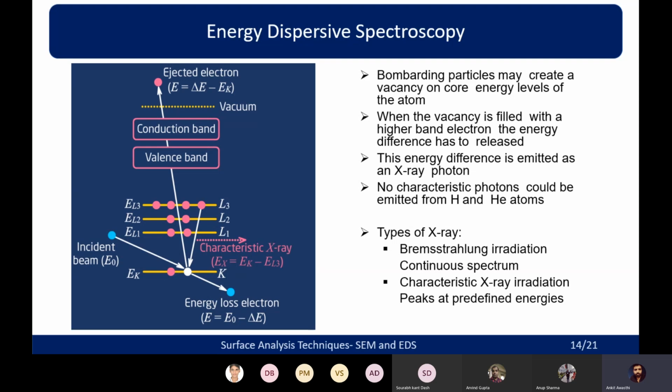But these characteristic X-rays are the point of interest for us because they give peaks at predefined energy levels, and by analyzing these energy levels, these characteristic X-rays only, we get an idea about the composition of the sample.